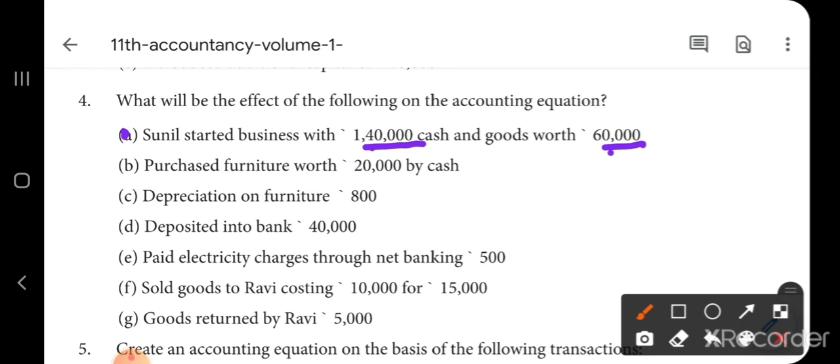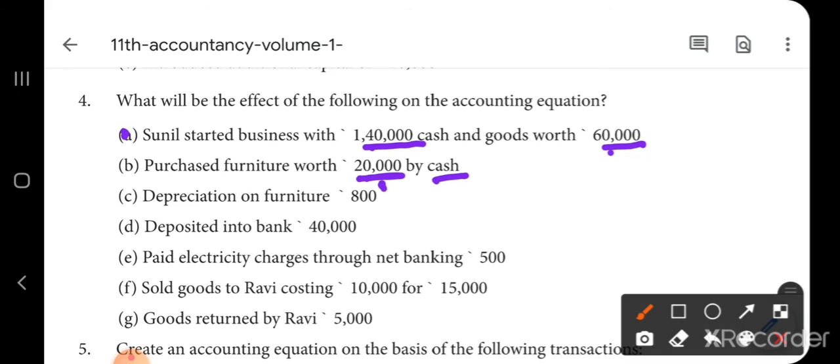Okay, next one, purchased furniture worth 20,000 by cash. That means when you purchase something, the goods is coming in. Furniture being a fixed asset, you have to open a separate column for furniture. So furniture you will show plus 20,000 and cash is going out. When you purchase something, cash is going out.